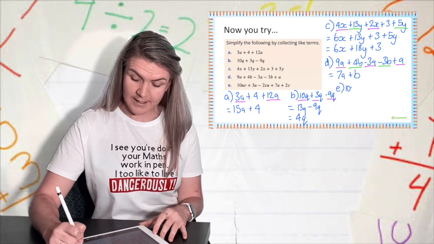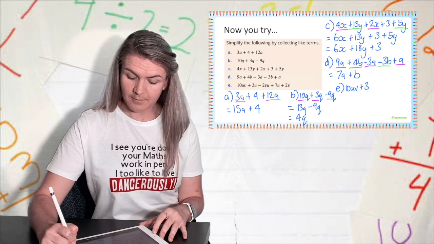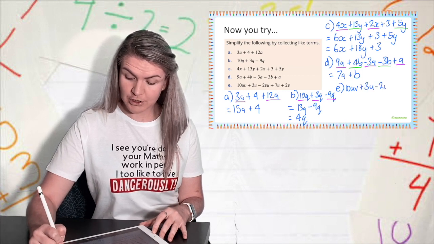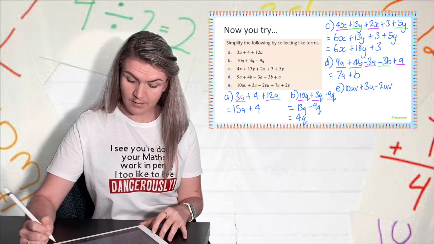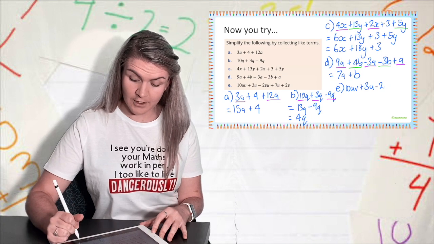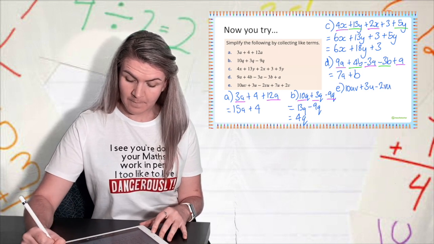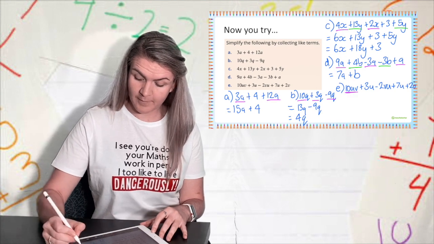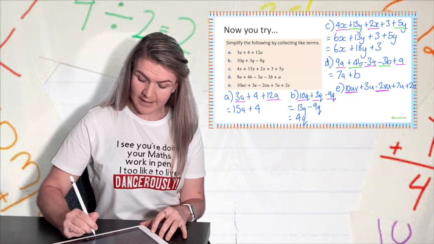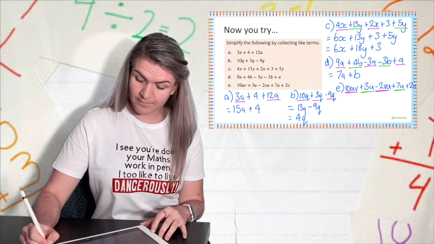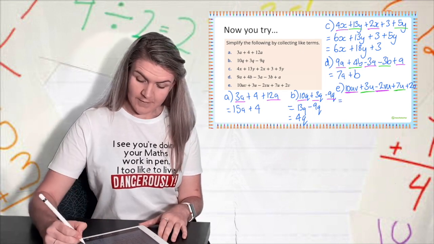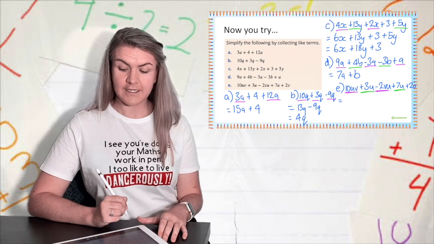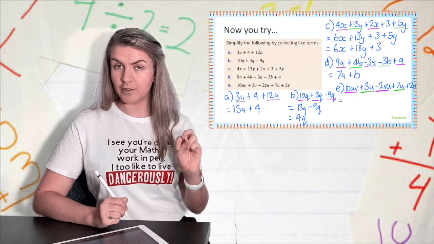Last question. 10uv plus 3u take 2uv. Oh, 10vu. Plus 7u plus 2v. Now I've got my uv's here, and then I've got some u's and a v by itself. So I've got 10uv take 2vu. V and u and u and v are the same.